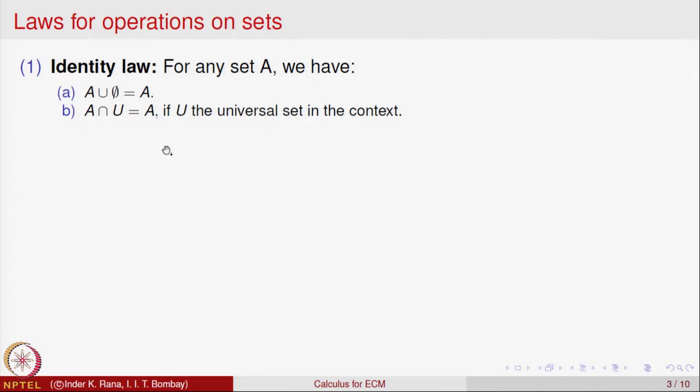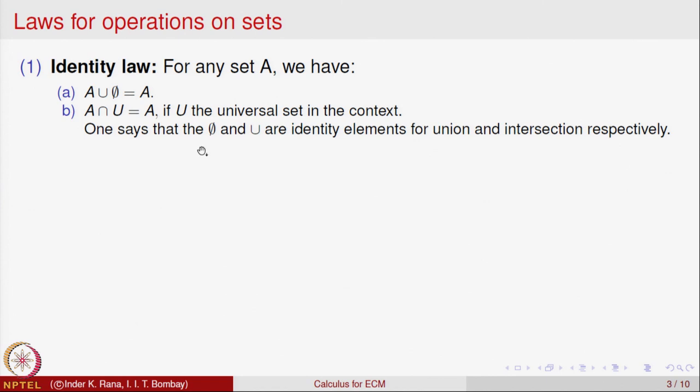So, A intersection U is A itself when U is the universal set, or even when you can say that A is a subset of B, then also it is true. So, you can say that phi, this is a null set or empty set, is also called phi. This is the Greek letter phi. So, phi is an identity element for the union, and U is the identity element for the intersection.